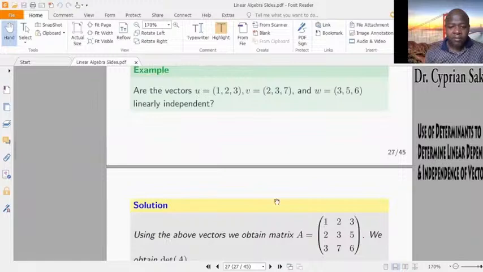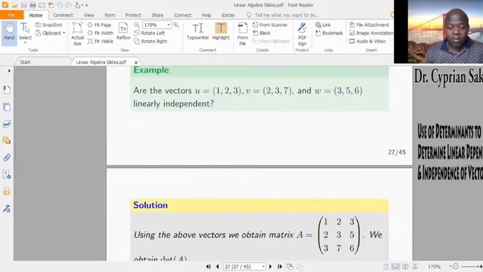This is my first vector, so I make it my first column. My second vector, I make it my second column. My third vector, I make it my third column. And then I want to obtain the determinant of this matrix.